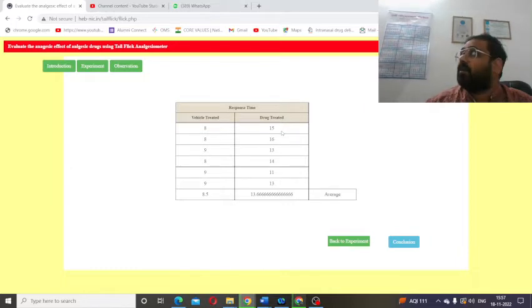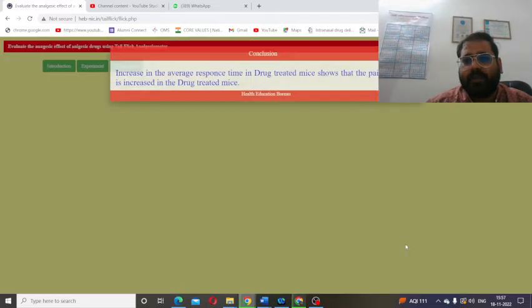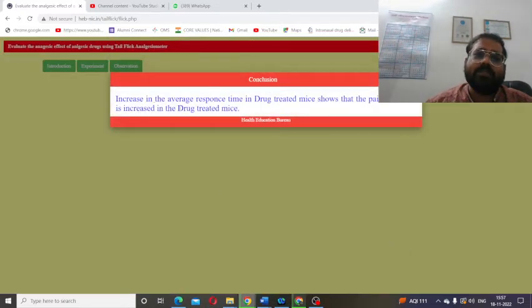Previously it was 8 seconds, but now the mice respond by flicking the tail, whenever we give radiation or pain, at an average of 13.66 seconds. So we get the conclusion that the increase in the average response time in drug treated mice shows that the pain threshold is increased in the drug treated mice.